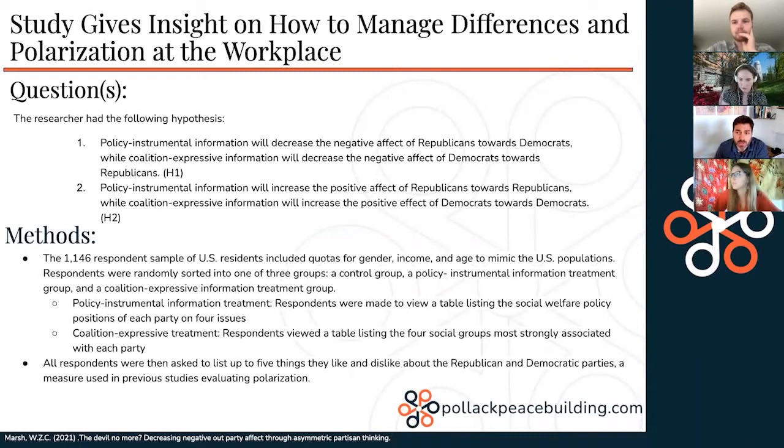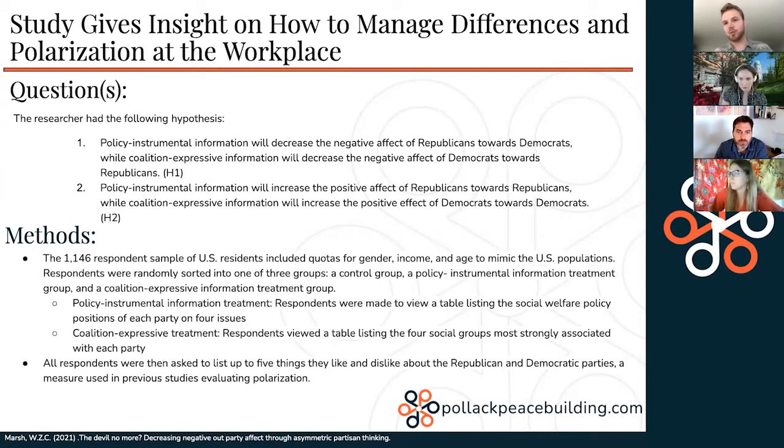Maybe reading some of the policies helped to humanize, helped to gain some perspective of the other party or something like that. I wonder too how much the activity after they read the different things also impacted, because they were asked to list up to 5 things they liked and disliked about each party.